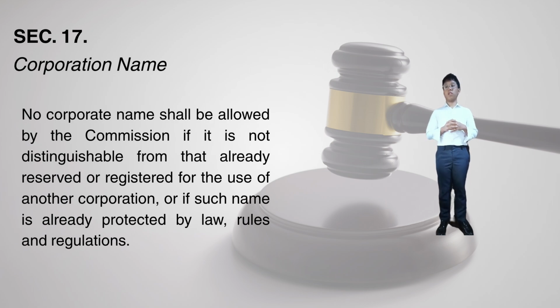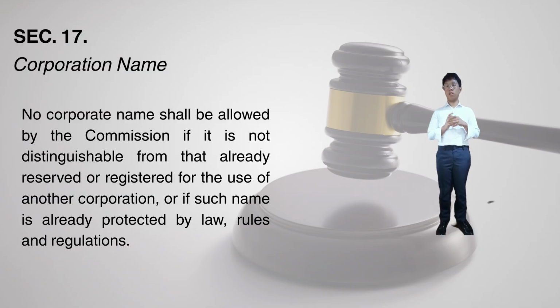The Commission, upon determination that the corporate name is, one, not distinguishable from a name already reserved or registered for the use of another corporation, second, already protected by law, or third, contrary to law, rules and regulations, may summarily order the corporation to immediately cease and desist from using such name and require the corporation to register a new one.